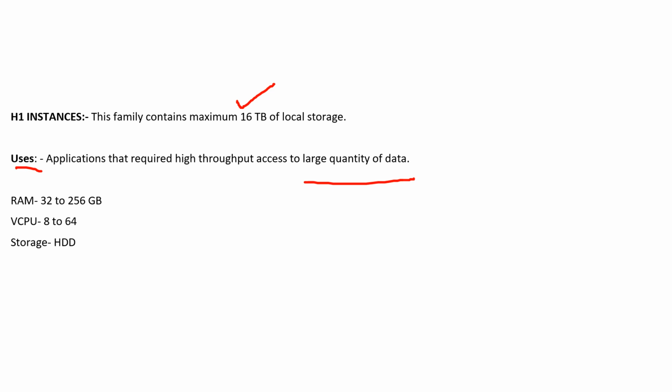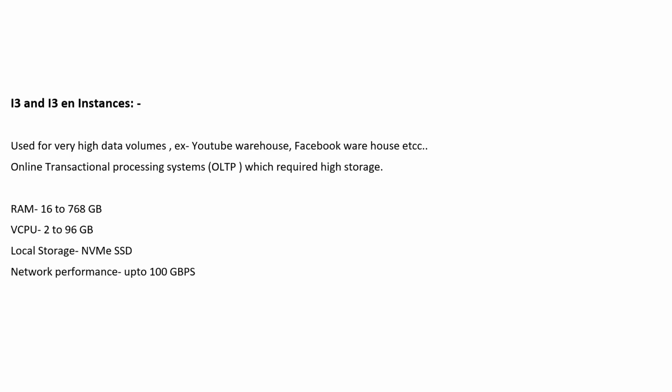Now come to the configurations part. RAM is available from 32 GB to 256 GB. vCPU, that is virtual CPU, is available between 8 to 64, and storage is hard disk. That means data will be stored in hard disk mode.